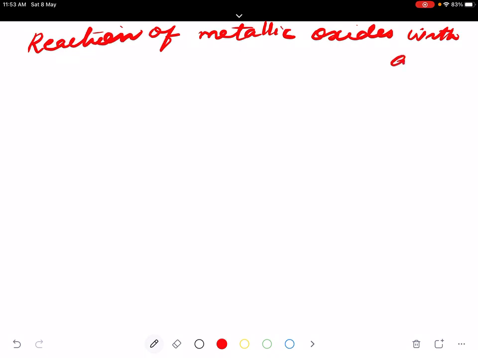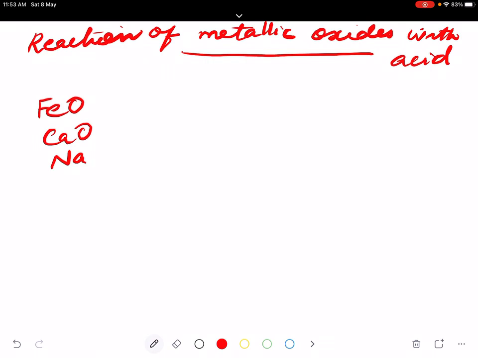So with acid we have to write metallic oxides, metals, FeO, CaO, Na2O, like that. These are metallic oxides. Metallic oxides are basic in nature, means when they are dissolved in water, you will be getting a base. For example, calcium oxide. Calcium oxide, when dissolved in water, you get calcium hydroxide.